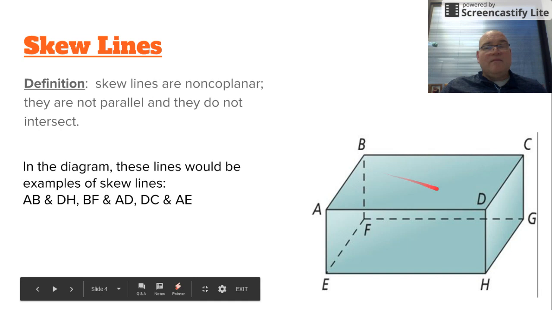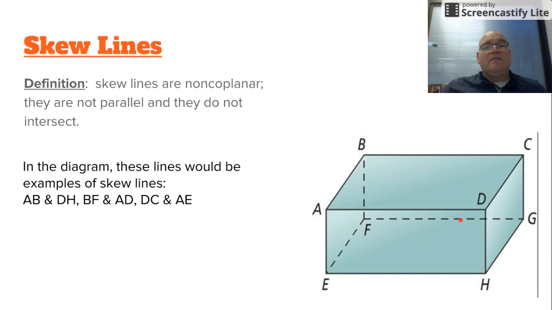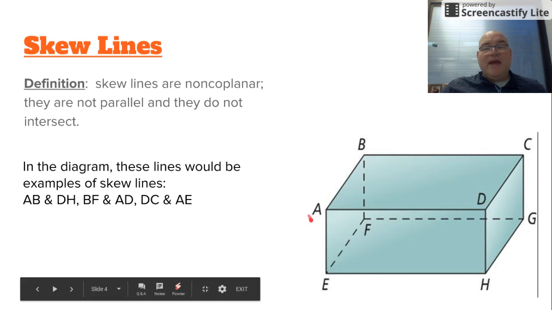Not in the same plane, but yet they're not parallel, but yet they do not intersect. BF, AD. Not in the same plane, don't intersect. Another example, DC, AE. Those are all skew.